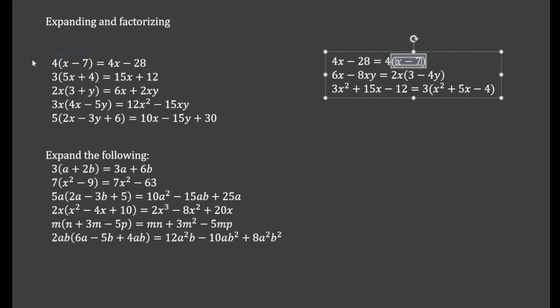So it is the reverse. You're starting from this side and going in this direction, where you have a factor and the brackets with the other terms. So we start off with the expanded version and we go into the factorized version.